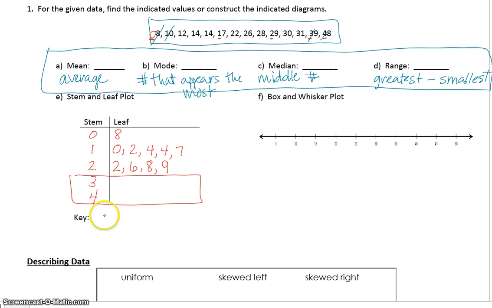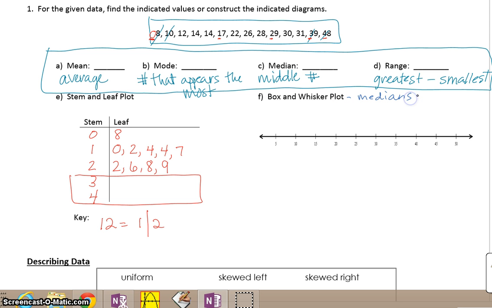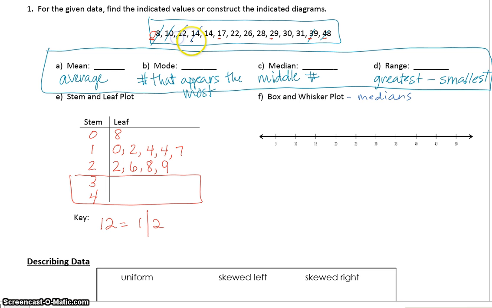So our key would be something like 12 equals 1, 2, something like that. Okay, so now a box and whisker plot is going to deal primarily with medians. Okay, so up here, if you calculated this, or if you found the median already, we've got 1, 2, I'm going to do 3, 4, 5, 1, 2, 3, 4, 5.